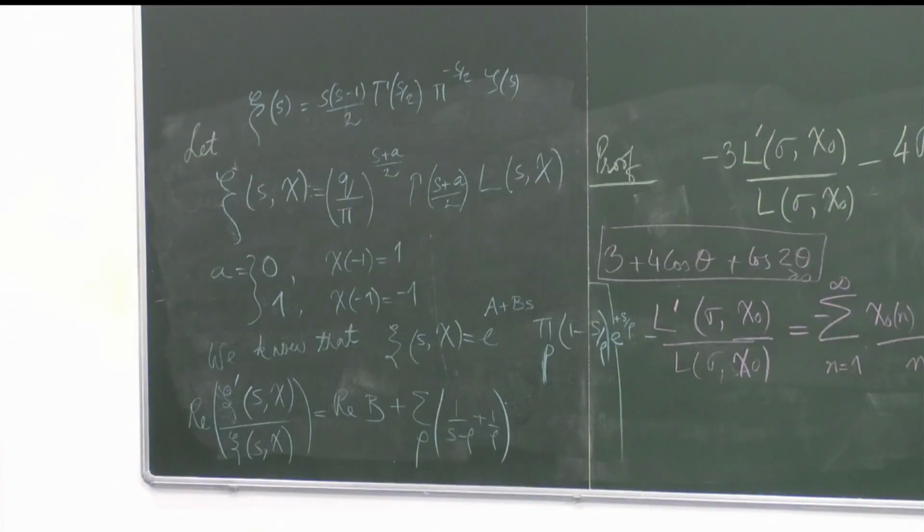Does this ring a bell? The sum over rho of 1 upon s minus rho plus 1 by rho, does it tell anybody anything? It should. It's gamma prime.